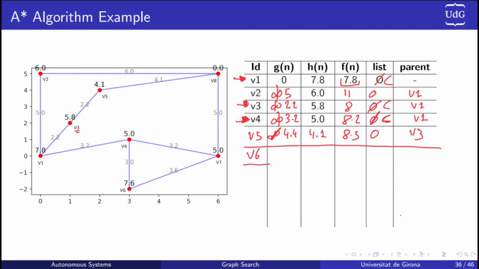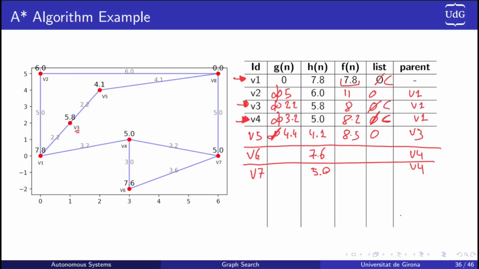B6 and B7, I need to compute its cost, assuming that I come from B4, okay? I come from B4. And I already know the heuristics. The heuristic of B6 is 7.6, and the heuristic of B7 is 5.0. I already know that because I only need to know the heuristic function, okay?